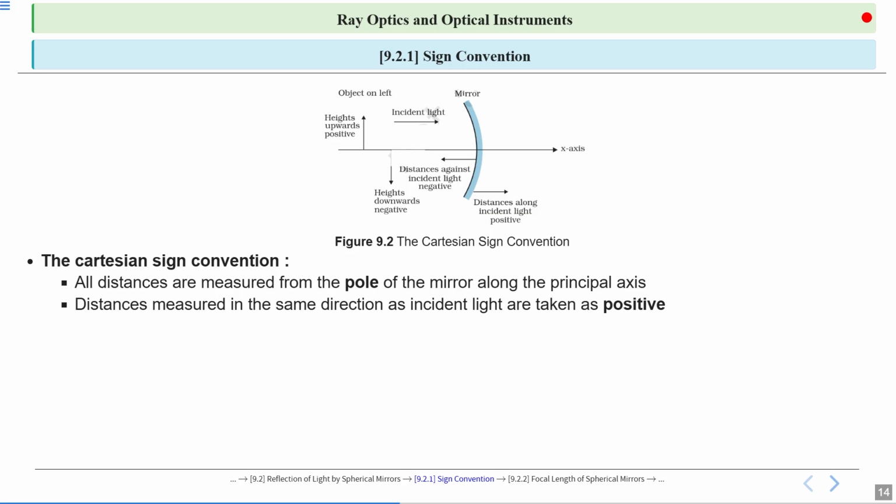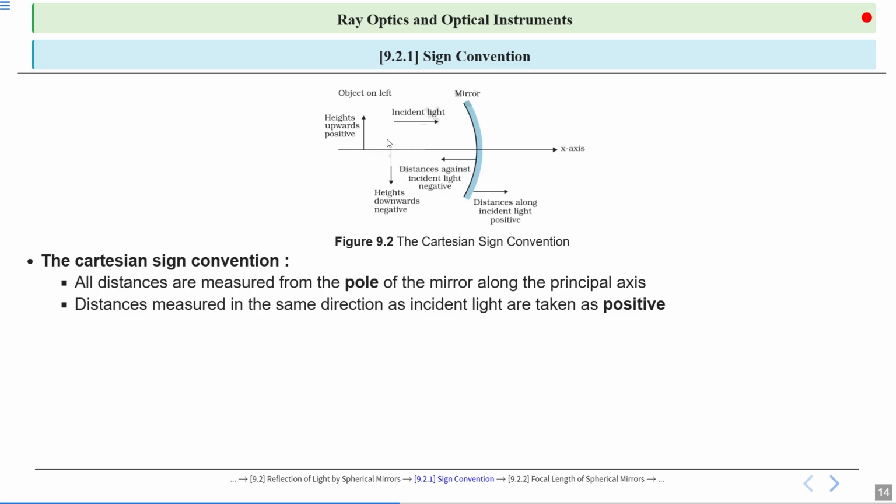If we are going to measure some image distance, and the image is formed behind the mirror, we start from the pole and go towards the image formed. So it is along the direction of incident light, and that distance will be taken as positive.